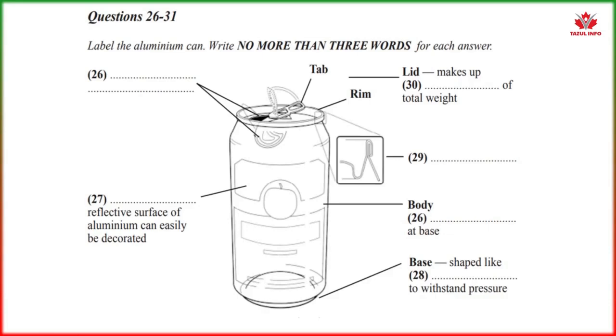And then there's the base. Yes, it says the bottom of the can is shaped like a dome so that it can resist the internal pressure. That's interesting. I didn't know that. Nor did I. Okay, so going up to the lid. There are several things we can label here. There's the rim around the edge, which seals the can. Got that. And there's a funny word for the seal, isn't there?